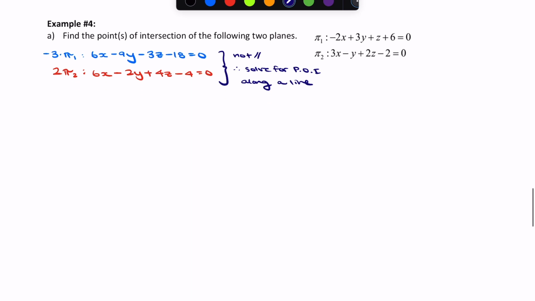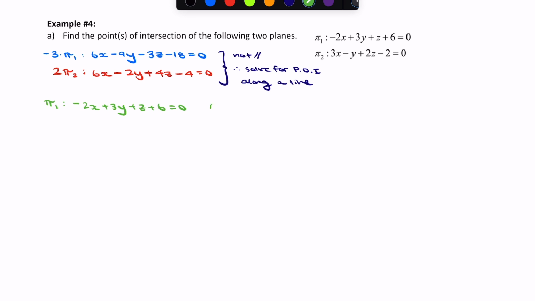So if we look at our first equation here, we have negative 2x plus 3y plus z plus 6 is equal to 0.